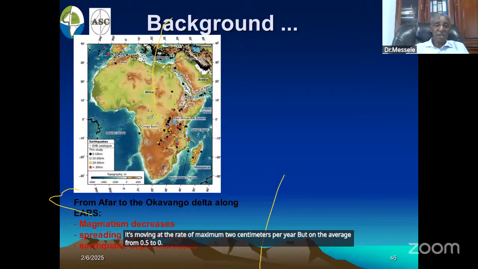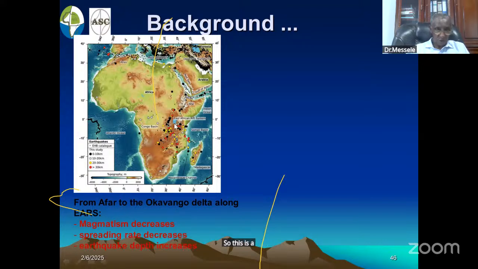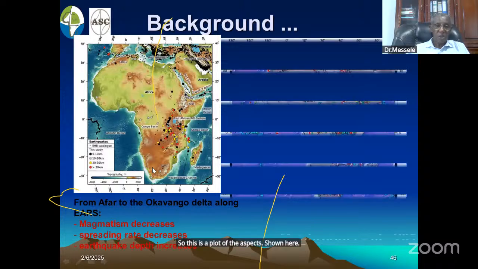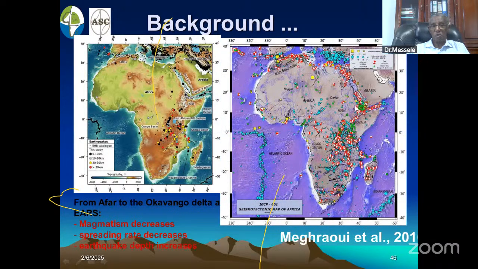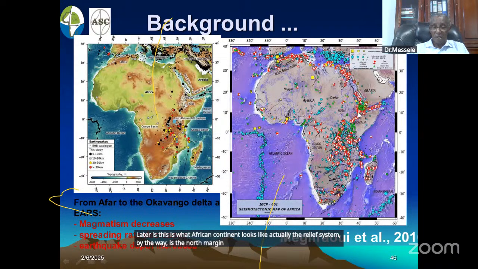As a result, East Africa has generated many earthquakes. So this is a plot of the earthquakes shown here. A better picture is, this is what the African continent looks like. Actually, the rift system is the north margin in the south. This is the north margin with the Ethiopian rift system.